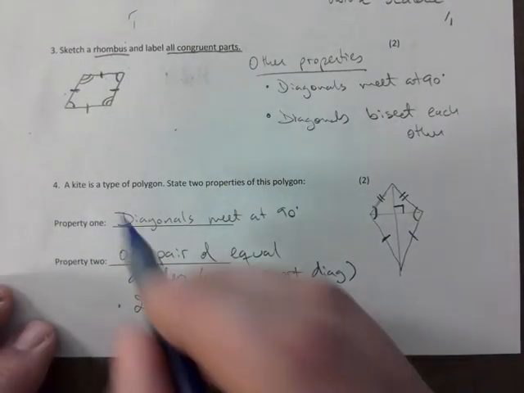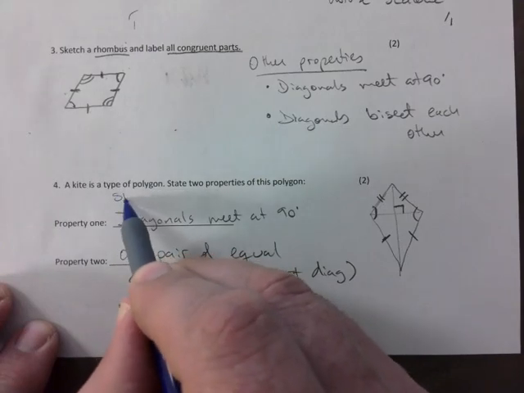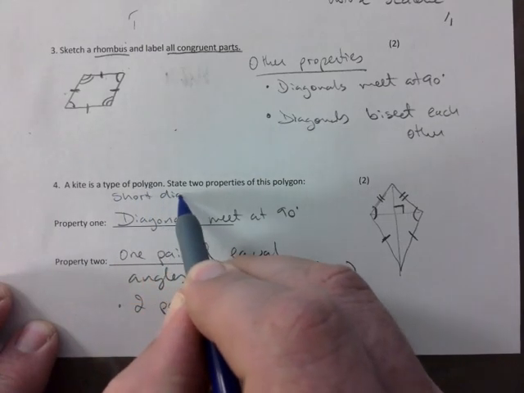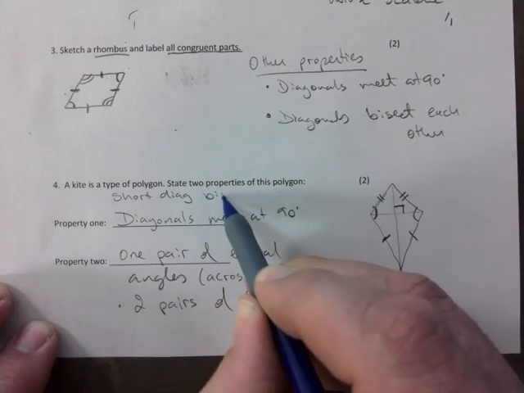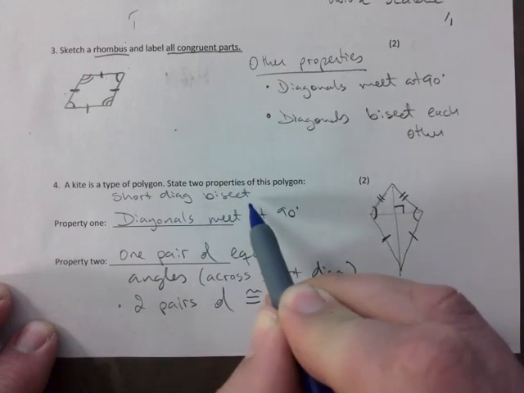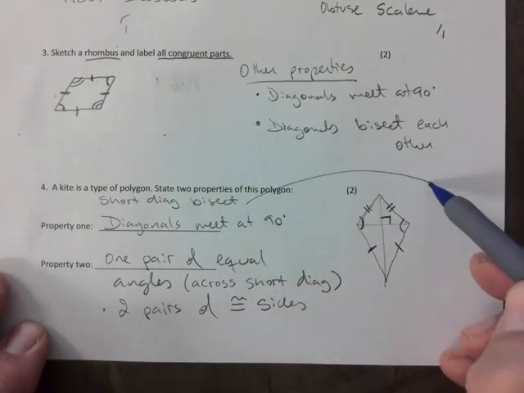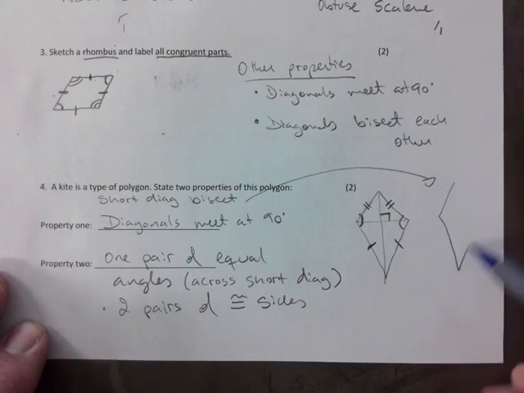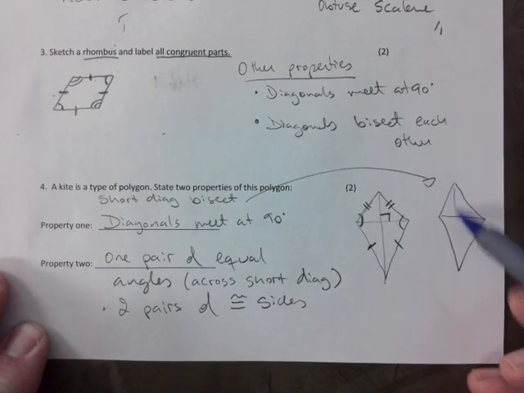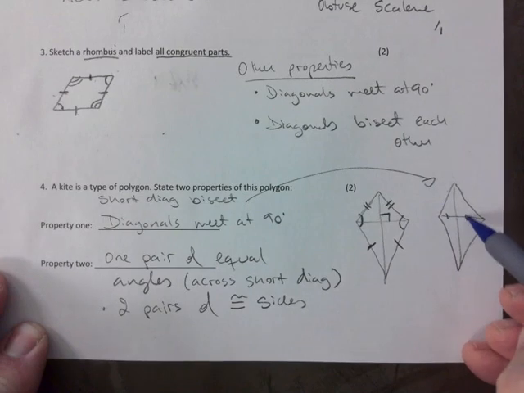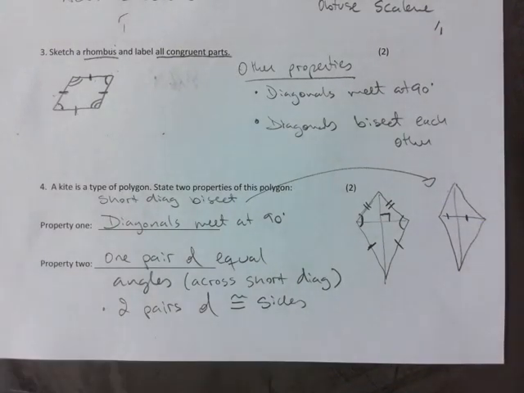Every weekend, you're just out there, right? Short diagonals bisect. Okay, the short one. So by that I mean I'm going to make another diagram because it's getting too messy. This one, the short one there, gets cut in half, not the long one. Okay.